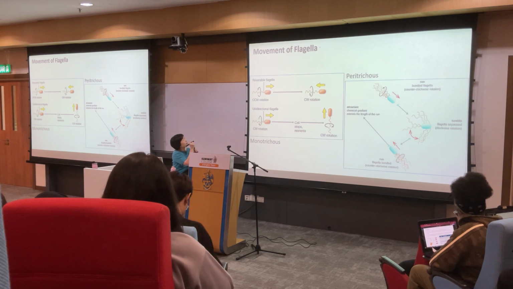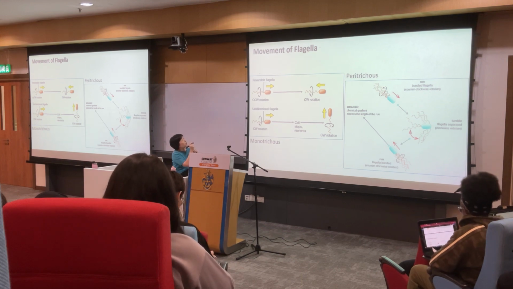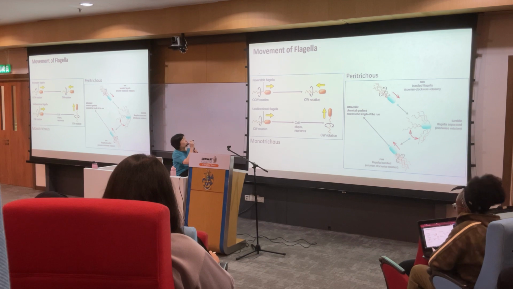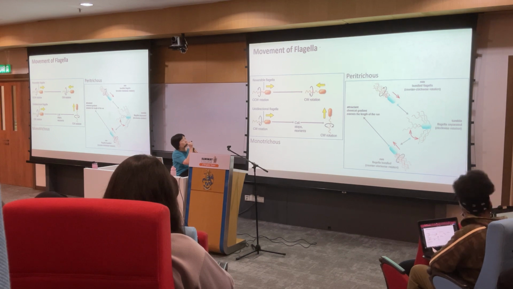So in here, very clever, if you only have one flagellum, it can rotate clockwise or anti-clockwise. This is anti-clockwise, counterclockwise. When they rotate this way, they move forward. When they do the opposite rotation, clockwise, then they move backward. This is one type of way they use.